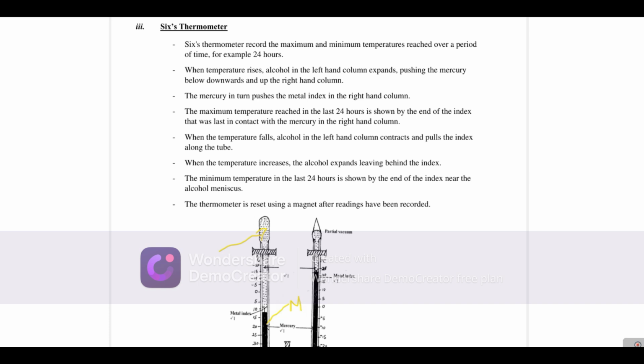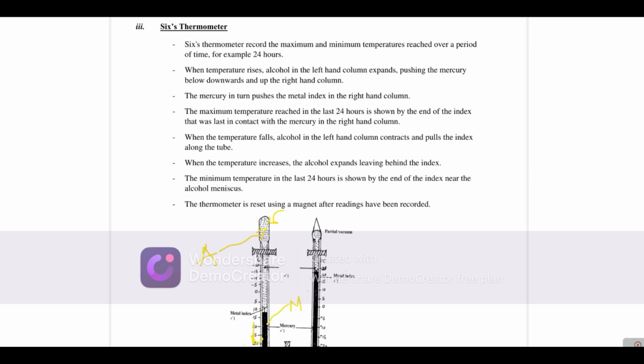So when the temperature rises, alcohol in the left hand column expands, pushing the mercury below downwards and up the right hand column. When it expands, this liquid here will be pushed.